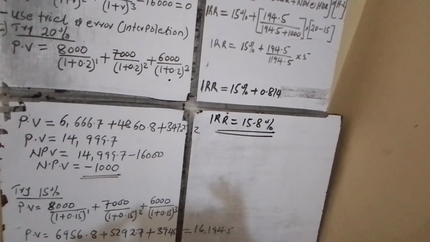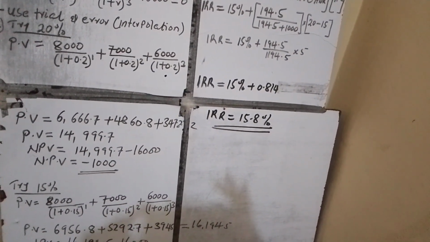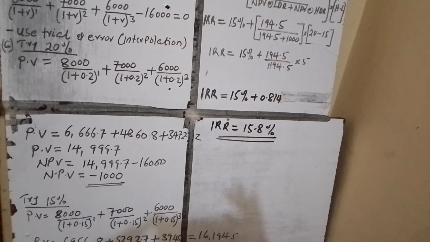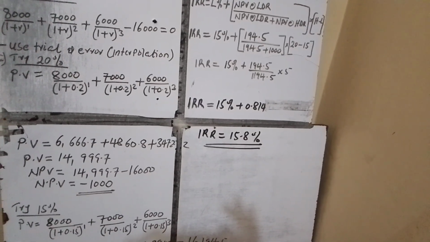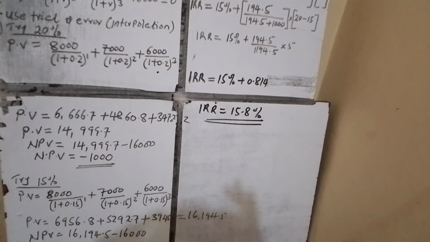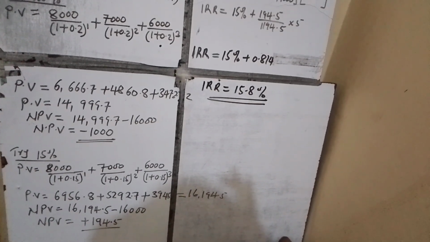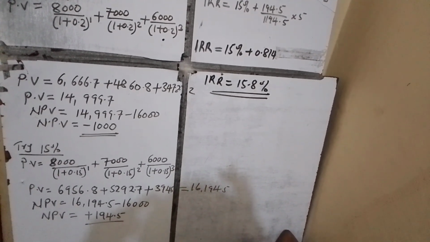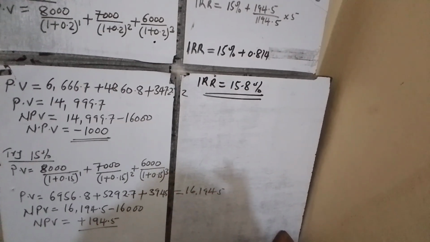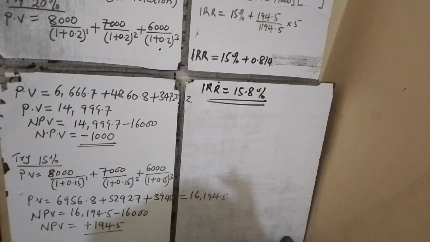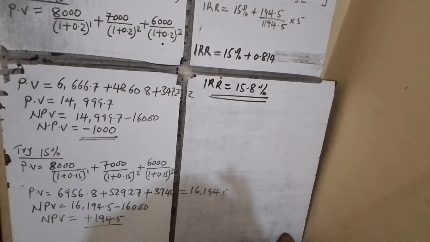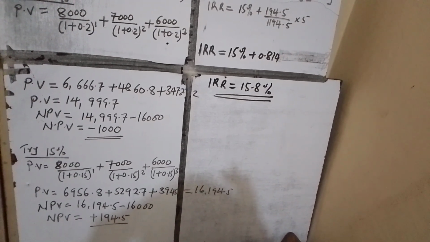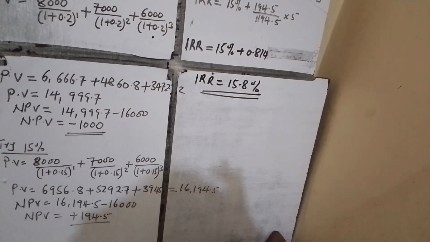I was looking for two rates whereby one rate gives me a positive NPV and another gives me a negative NPV. So 20% gives me negative 1,000 and 15% gives me positive 194.5. Remember that if, for example, you used 15% and your NPV was negative again, then you should have looked for another percentage. You cannot have two percentages whereby both give you negatives or both positives.